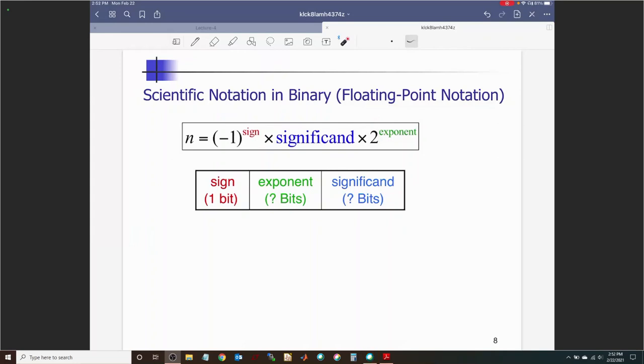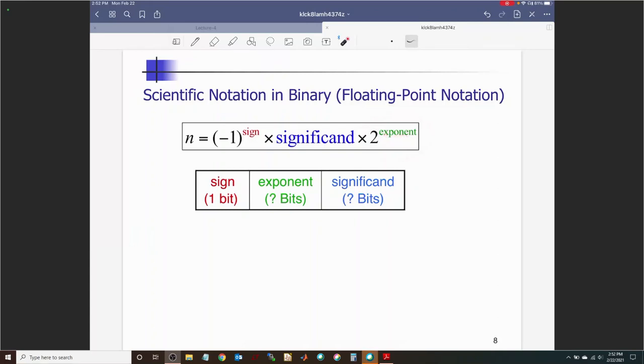We can move things to the right, we can move things to the left. When you have 10 to the positive numbers, you are moving the decimal point to the right. When you have 10 to the negative numbers, you are moving the decimal point to the left. Similarly, when you have 2 raised to an exponent, if that exponent is positive, you are moving the binary point to the right, and when the exponent is negative, you are moving that binary point to the left by those many places indicated by the exponent itself.